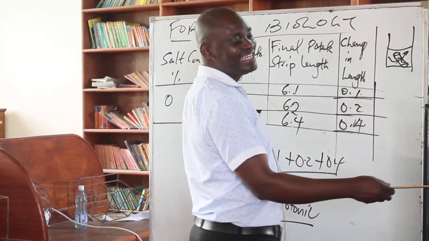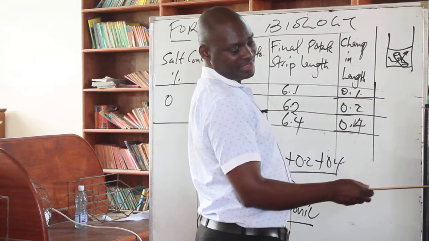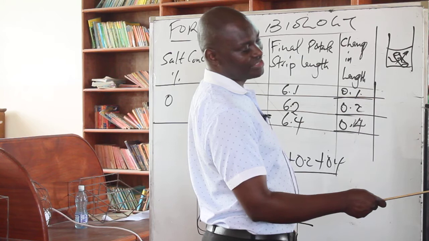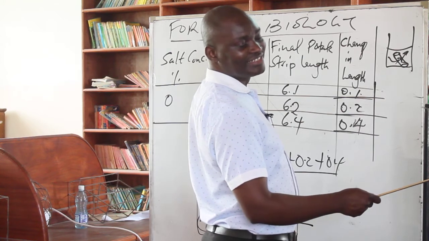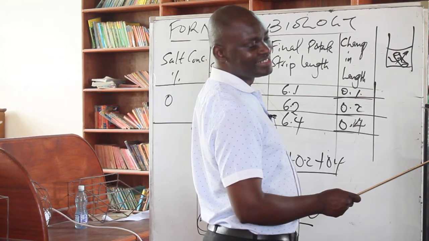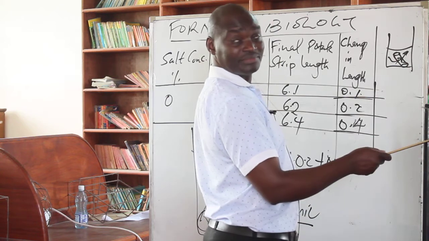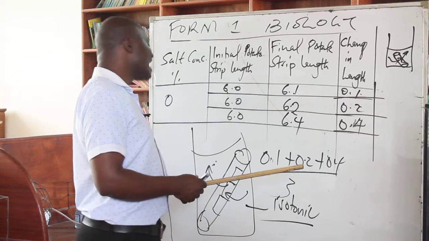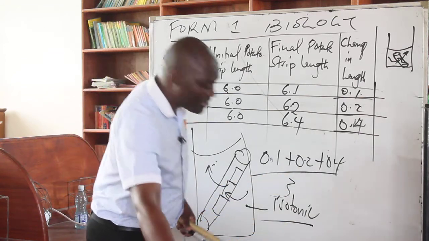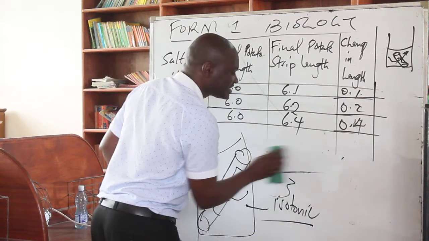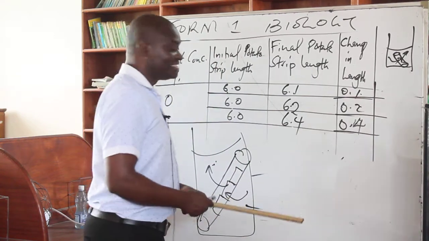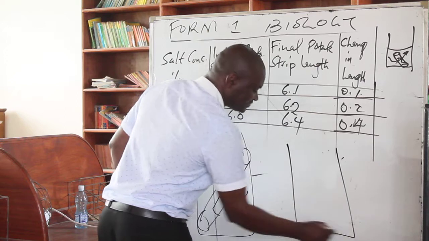But an increase in length, like when you have 1%, there's an increase in length. 2%, there's an increase in length. 3%, there's an increase in length. An increase in length means water has moved from the salt solution.